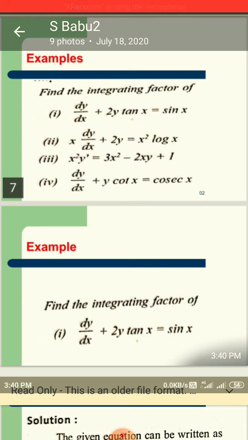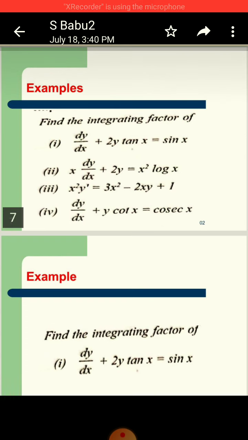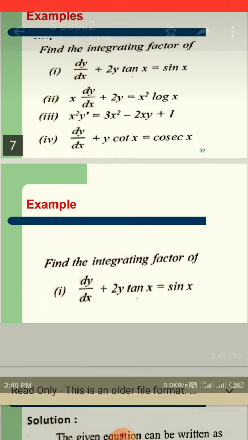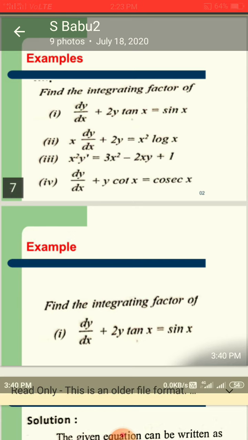So to find the integrating factor of these four questions, firstly we take the first one, dy by dx plus 2y tan x is equal to sin x.